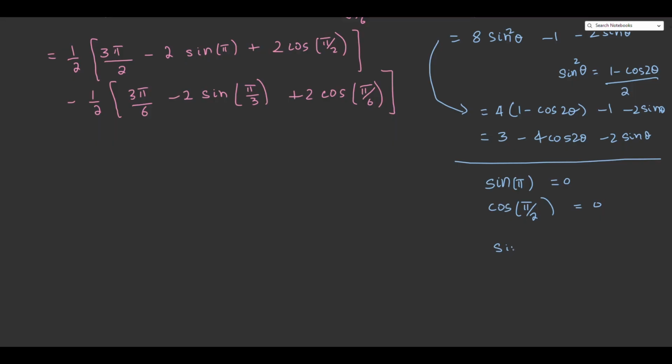And what about these things? Sine pi by 3, it is 60 degree, so that will give you square root of 3 by 2. And what about cosine pi by 6? Pi by 6 is 30 degree, and we know that cosine 30 degree is square root of 3 by 2.